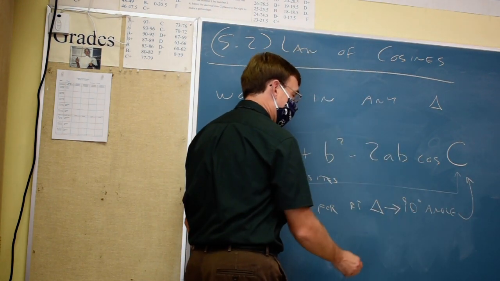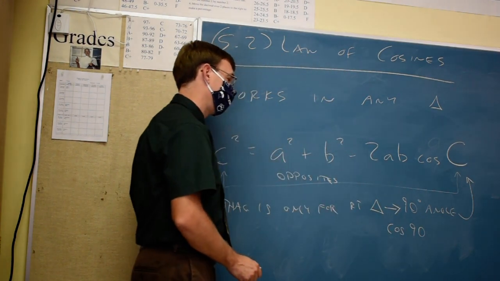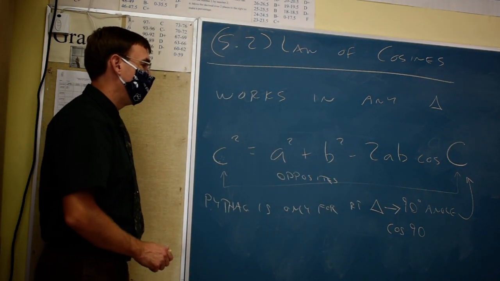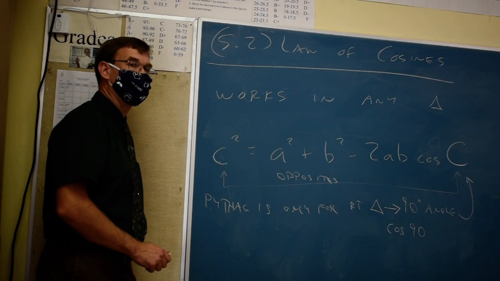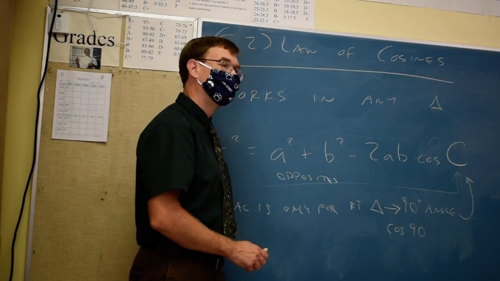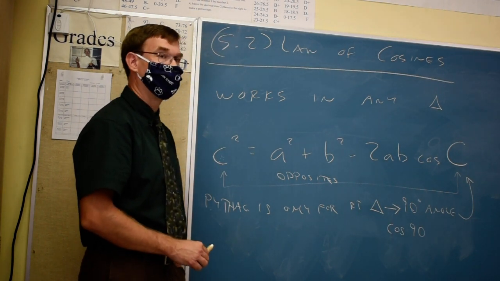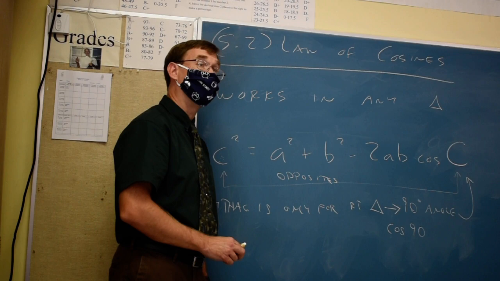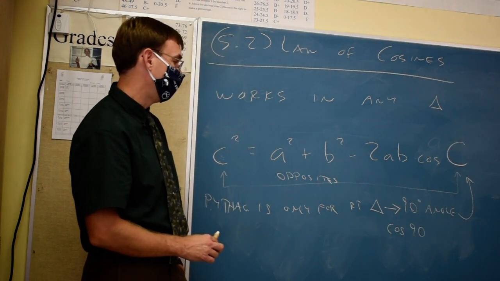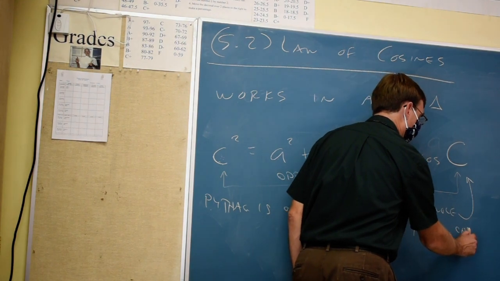So if we look to that and try to do the cosine of 90, when in your past have you done cosine of 90? You've done cosine of 90 semi-frequently on the chart. Cosine of 90 is part of the chart. Good job. What is cosine of 90 on the chart? It is 0.